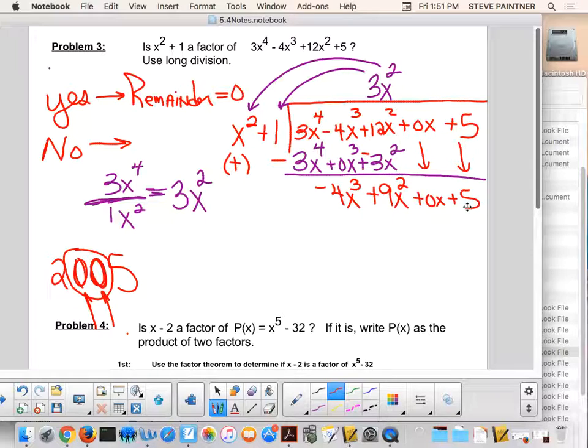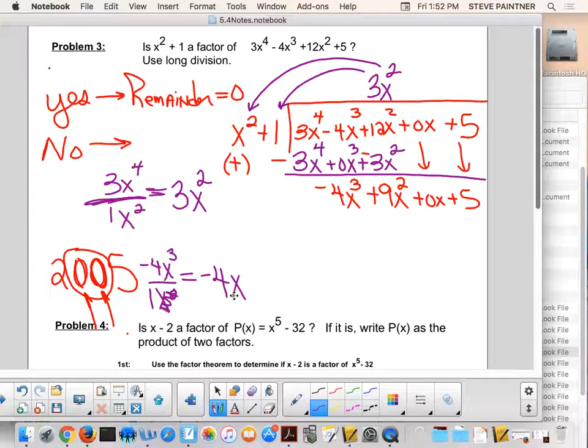Next question, how many times does x squared go into negative 4x cubed? Negative 4x. The two x's cancel with 2 of the 3, leaving only 1. Negative 4x.